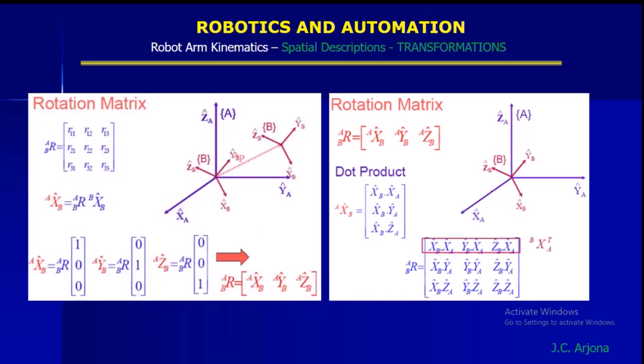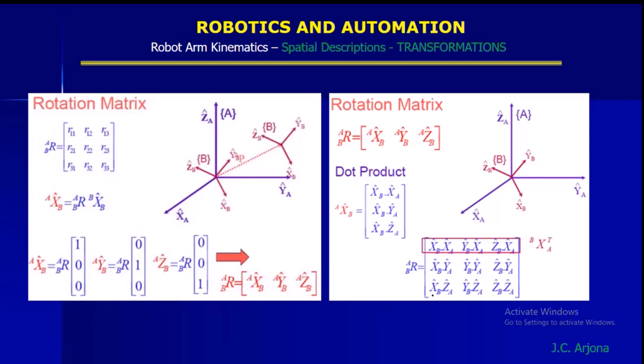So for the rotation matrix, each of the components represents a dot product. For the XB to A, we take XB and multiply that with XA, YA, and ZA respectively. That's the dot product to determine the XB to A. While the YB to A is the second column in the matrix.